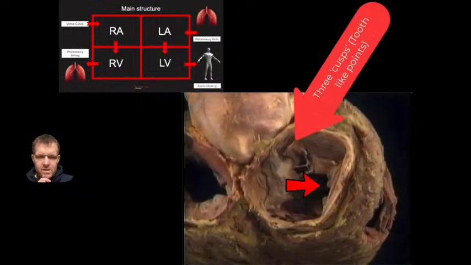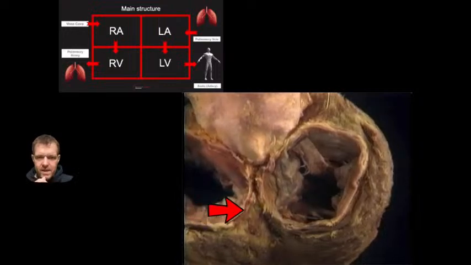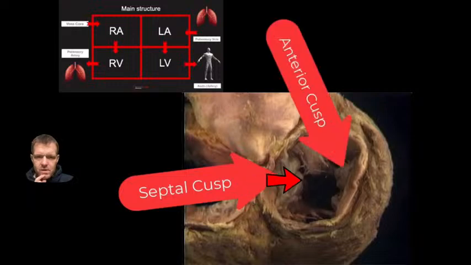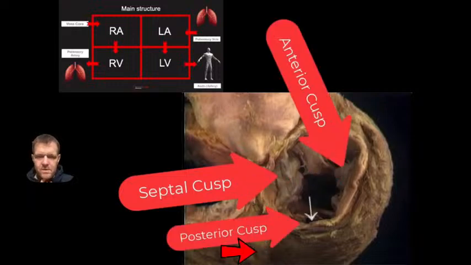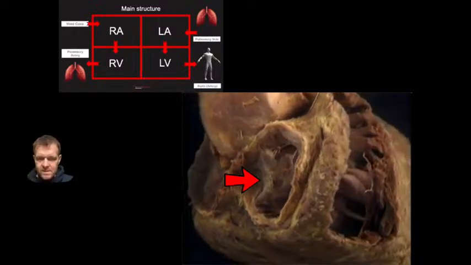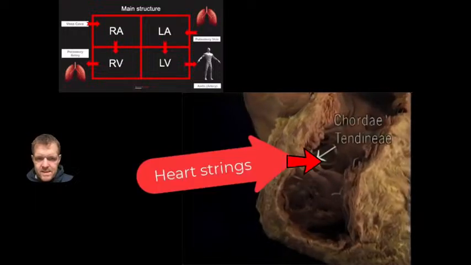Three cusps is your tricuspid, with tooth-like projections. You've got a septal cusp, an anterior cusp, and a posterior cusp: one close to the septum, and then front and back. You can see the papillary muscles and chordae tendineae just there.